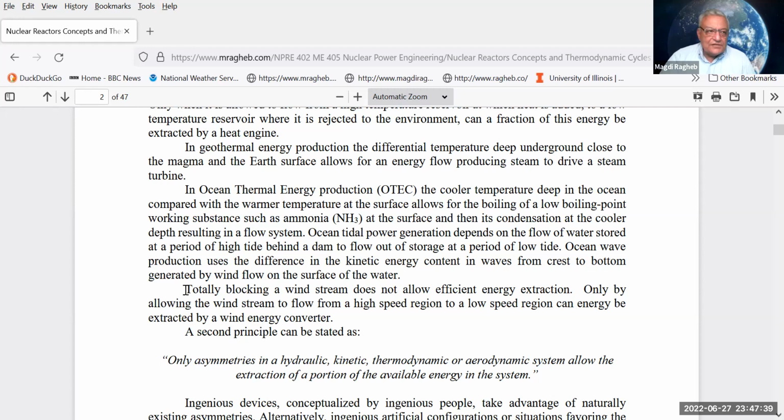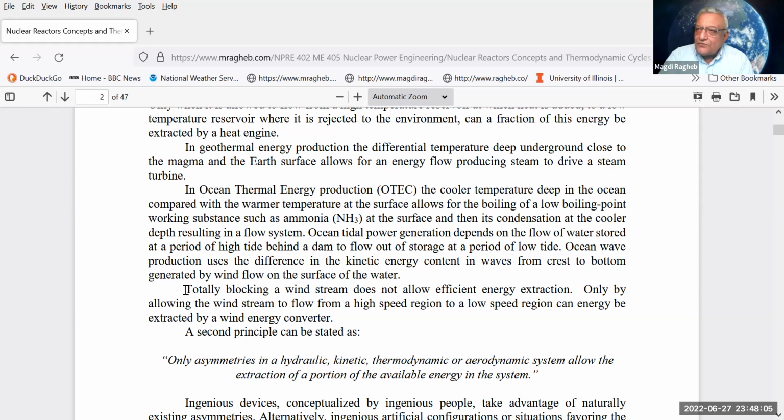Another interesting application, since we are not just talking about thermodynamic cycles, we are also talking about aerodynamic cycles. Let's take wind power generation. You notice that wind turbines have maybe preferentially 3 or 4 or 5 or 10 blades turning in the wind.